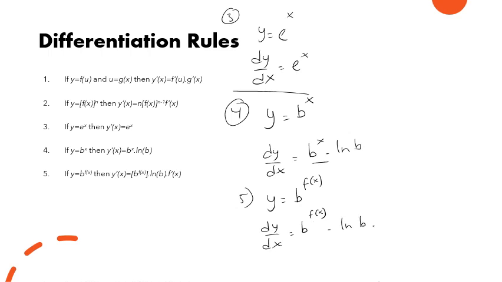But since you have function of x here, it should be derived like this. I will arrange that through this thing: b^f(x) times df/dx times ln b. Okay.